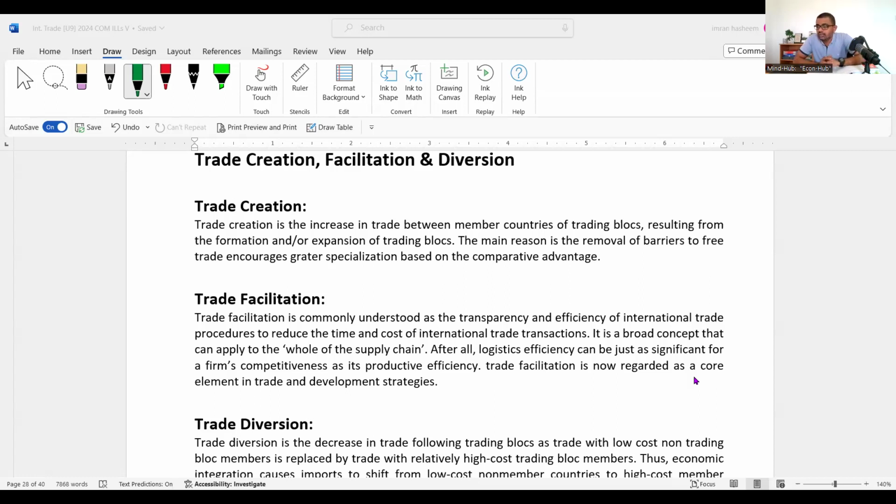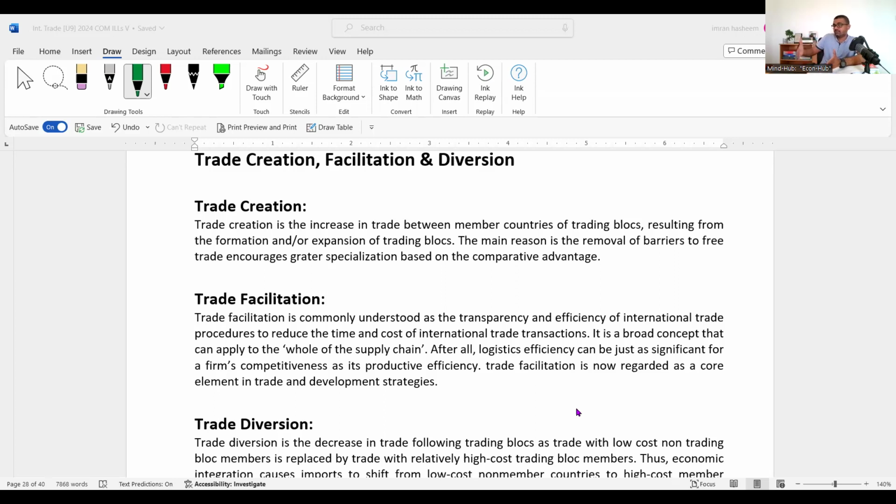Okay, right. So, trade facilitation. Trade facilitation is commonly understood as the transparency and efficiency of international trade procedures to reduce the time and cost of international trade transactions. It is a broad concept that can apply to the whole of the supply chain.